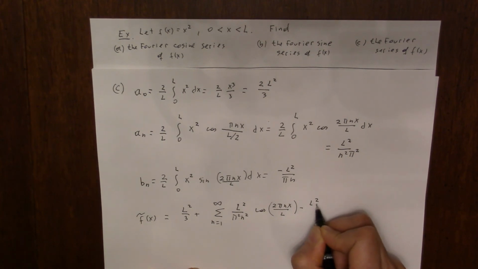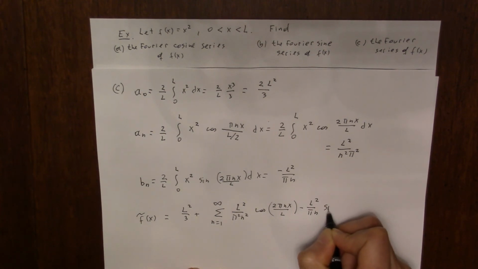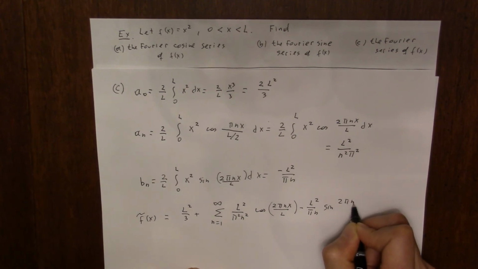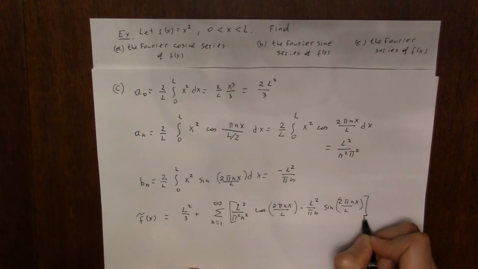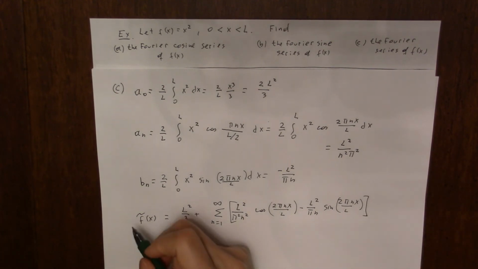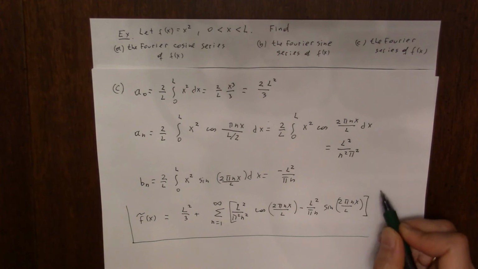Minus L squared over pi n sine of 2 pi n x over L. And that's how the answer for part C is going to look.